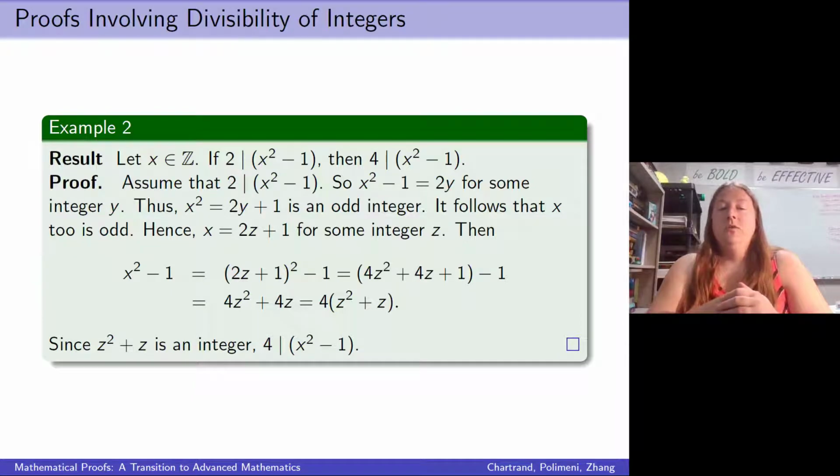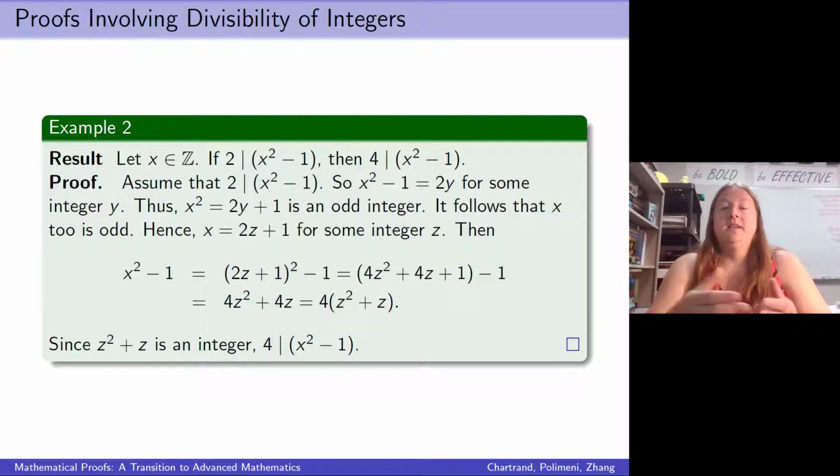Well, now I know that the only way that I square an integer and end up with an odd integer is if the integer I'm squaring is also odd. So I know that x is also an odd integer. So now I have that x is going to be 2 times z plus 1 for some integer z. That's the definition of x being an odd integer.